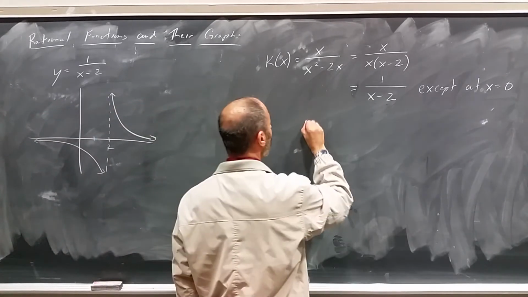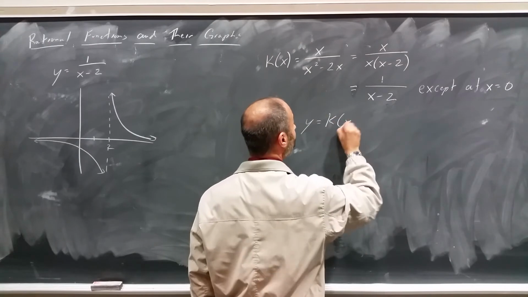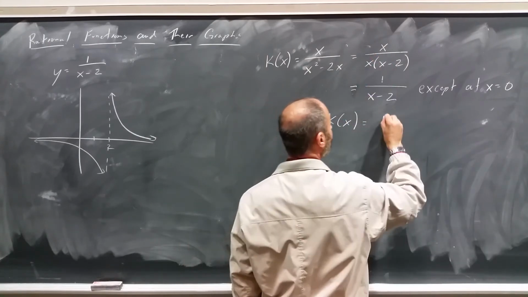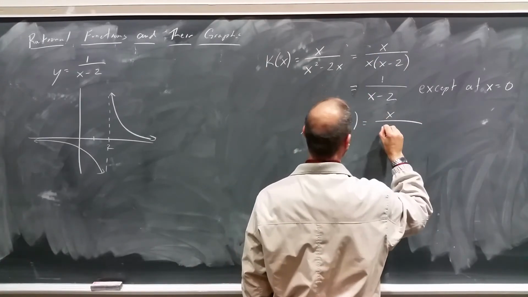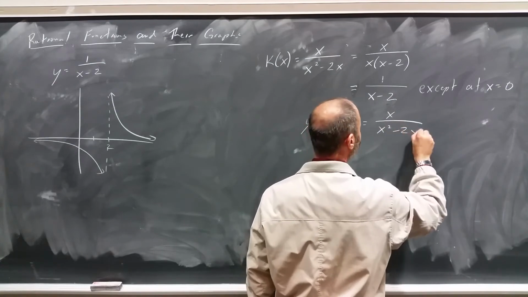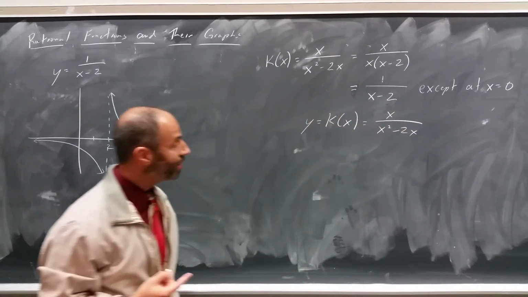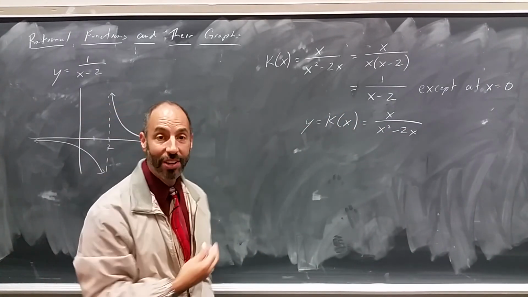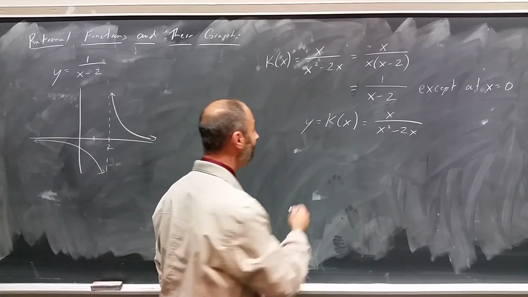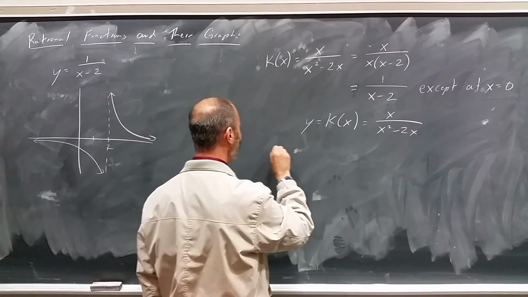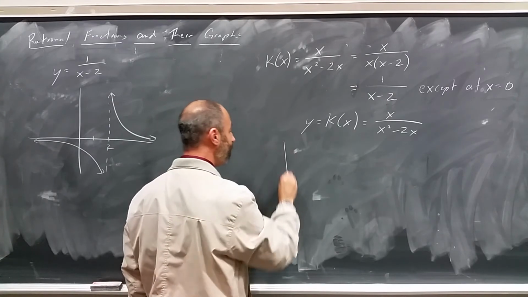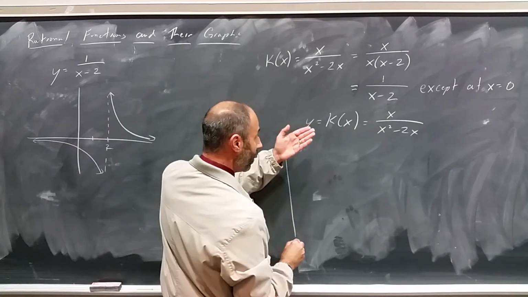Now the graph y equals k of x equals x over x squared minus 2x. We'll discuss that graph in more detail, how to draw such a graph, later in the semester, but let me just show you right now the difference between this and this.